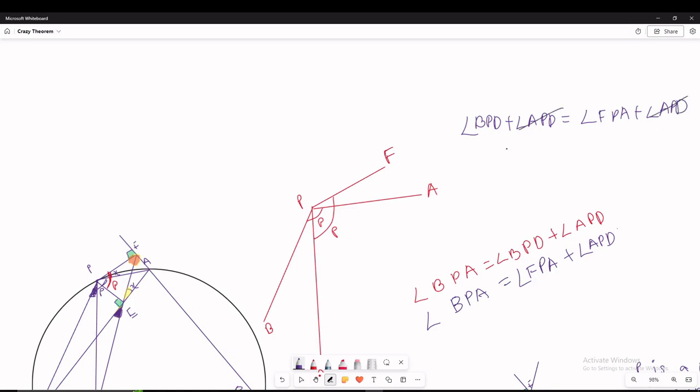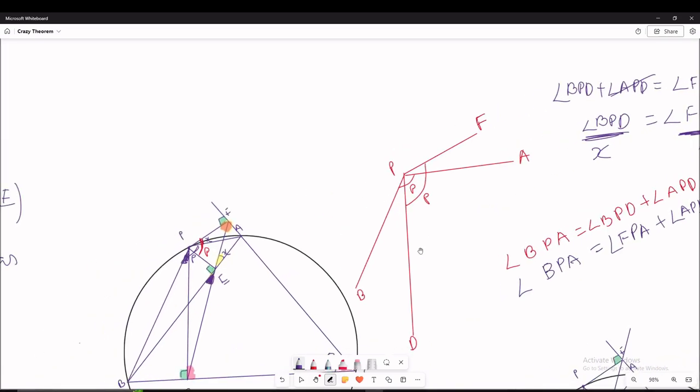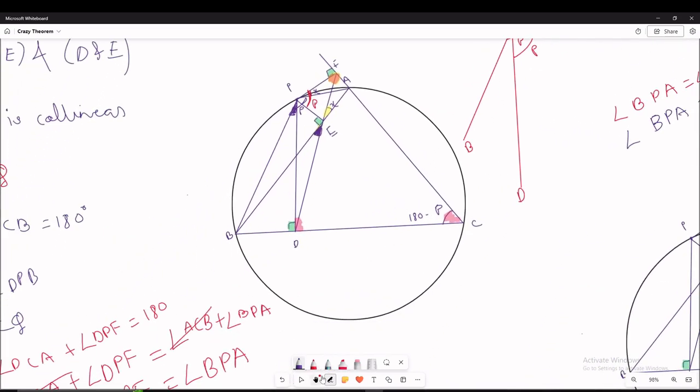Now APD is common on both sides. We remove them. We can say that angle BPD is equal to angle FPA. Well, what is angle FPA equal to? X. Then BPD will be equal to X, which means we have basically proven what we needed to see.